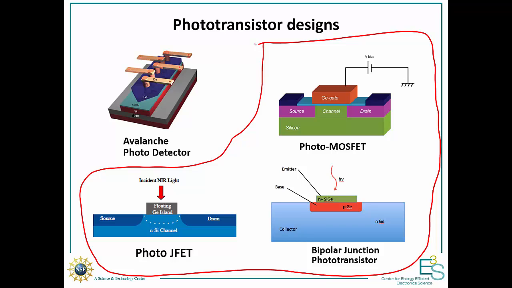And then there's the avalanche photodetector, and what the avalanche photodetector is, it's a strongly reversed PIN junction with a high enough voltage that photo-generated carriers, as they go to their respective terminals, can ionize other atoms.